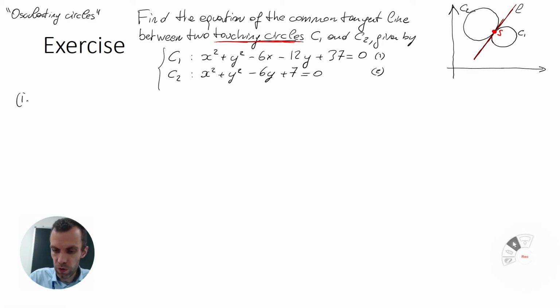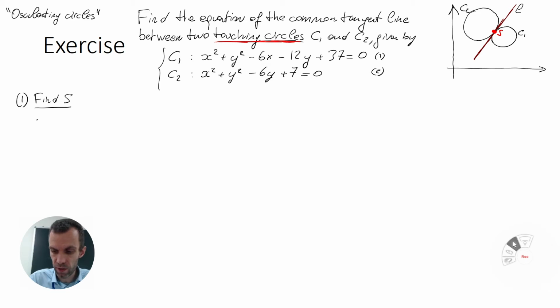So for the first step, let's try and find the coordinates of that point S. So we're going to find S. And in order to do that, we'll use our two equations. So we know that S has to satisfy both equation 1 and equation 2.